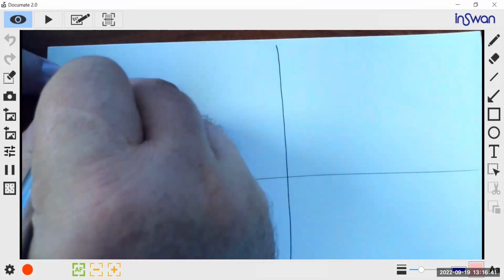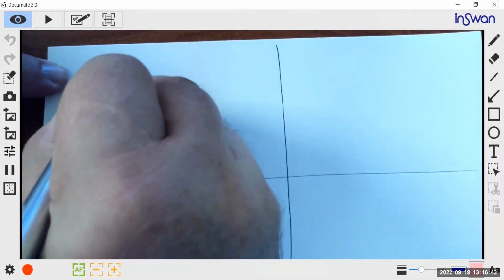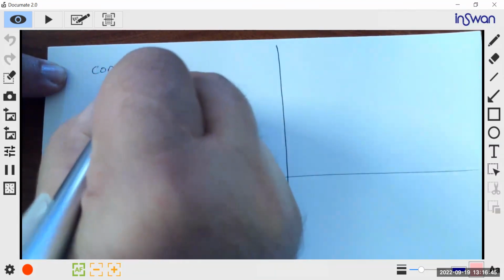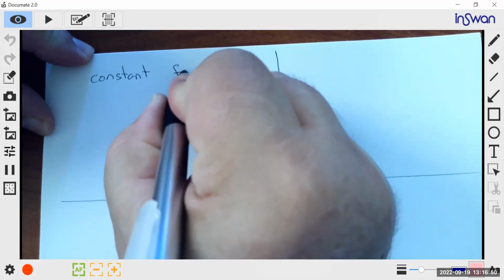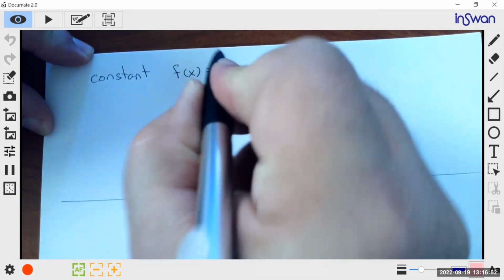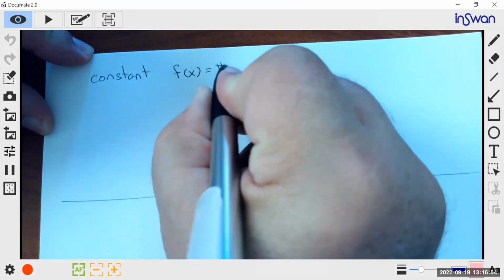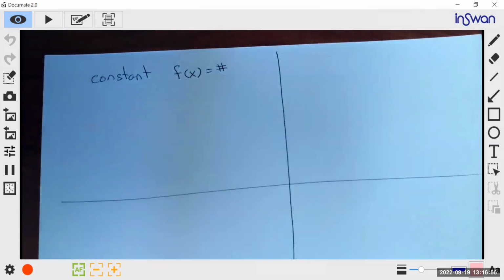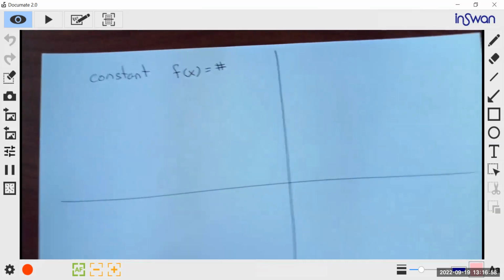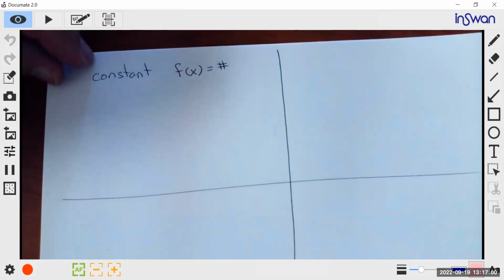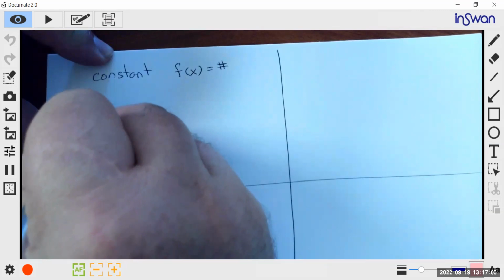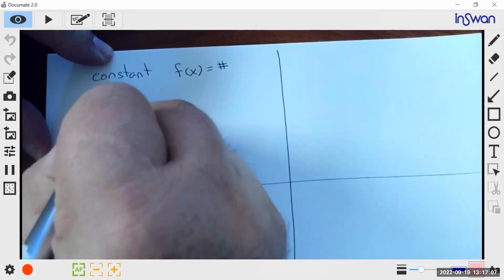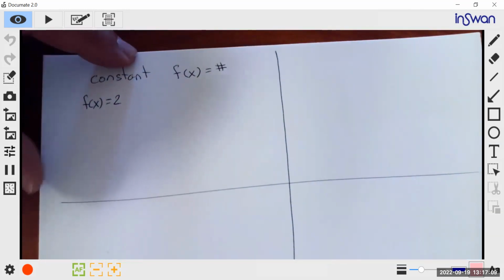The first type of function is a constant function. f of x equals some number. There's no x, no variables. It's just a number. So for example, if f of x equaled 2, what would that graph look like?